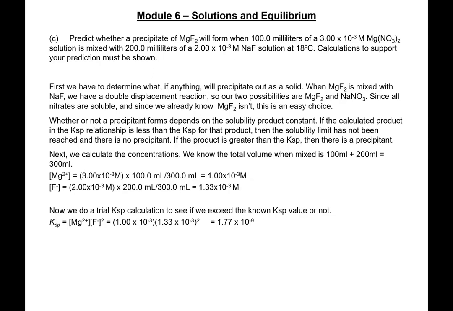Oops, so I've got my little sequence out of order. I calculated my magnesium ion concentration to be 1 times 10 to the minus third. My fluoride concentration was 1.33 times 10 to the minus third, and that's where those numbers come from. Since 1.77 times 10 to the minus ninth is less than 7.09 times 10 to the minus ninth, which is our known published value of KSP, we don't get a precipitant.